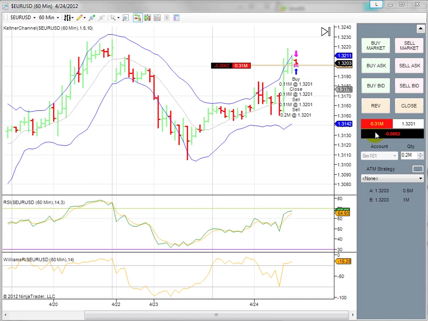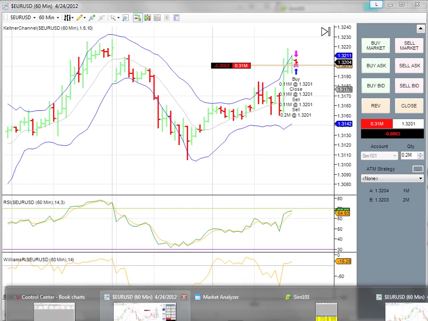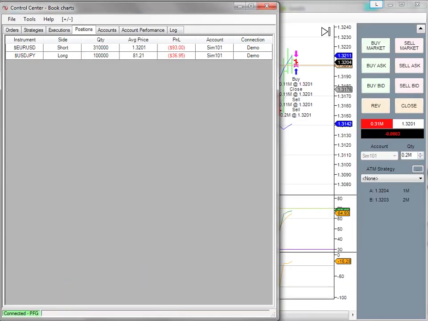And we also know that that's worth $31 per pip, because we have 3 standard contracts worth $10 a pip, 1 mini worth $1 a pip, and let's assume that we're losing 3 pips. That's $93. We can confirm this by going back to our platform. And there we go. We're losing $93 because we're down by 3 pips.